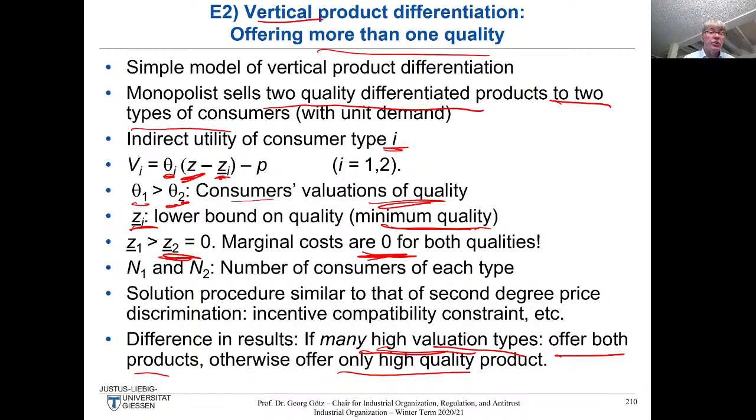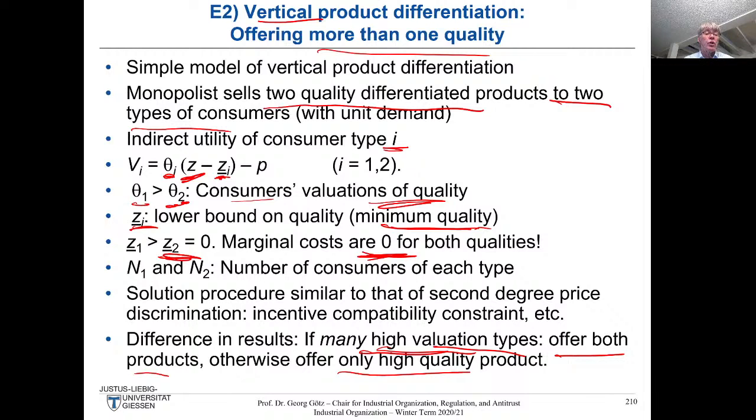Because if we offer the high quality product, the willingness to pay of both types increases. So in terms of our optimization problem, we tend to always want to offer the high quality because that increases willingness to pay. But the point is, of course, if there are many high valuation types, we really want to charge them a lot.